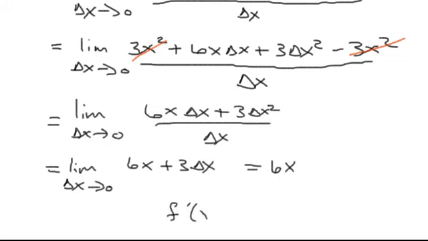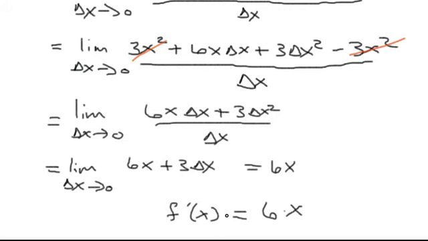So f prime of x is equal to 6x. That will be the derivative of f of x.